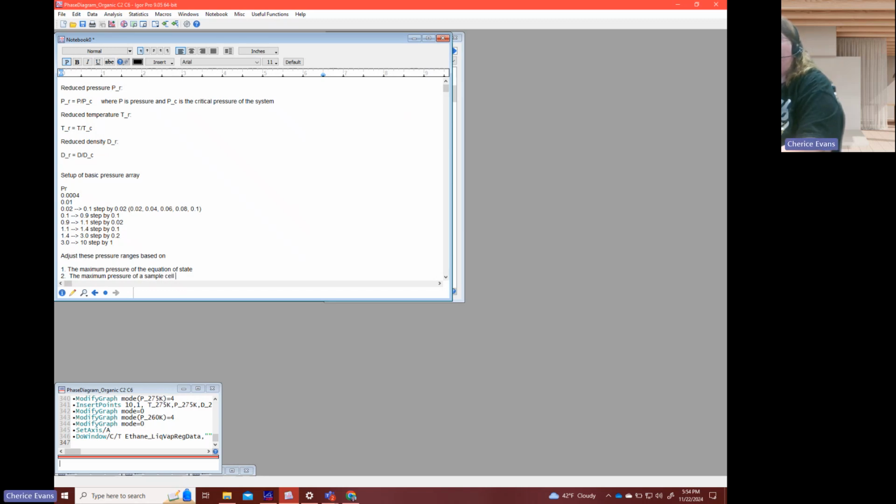Now, in my case, my sample cell is 450 bar. That's what it's rated to. Well, I have two. I have one that's rated to 130 bar and one that's rated to 450 bar.